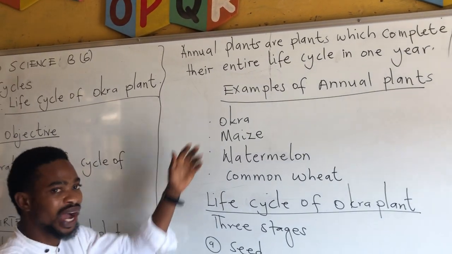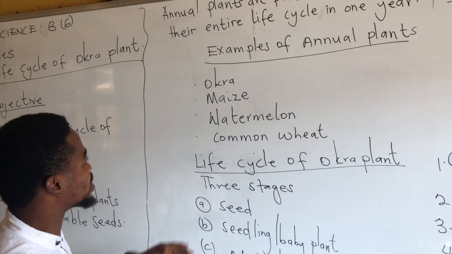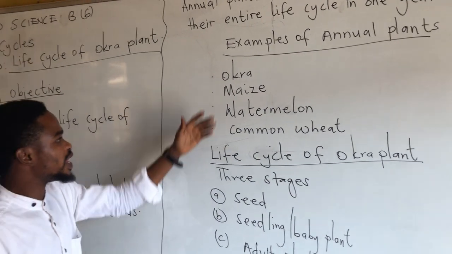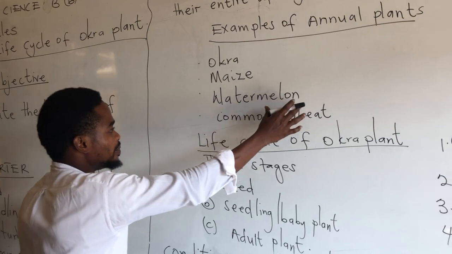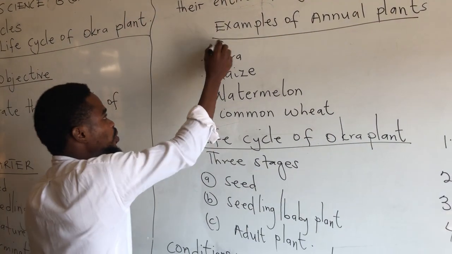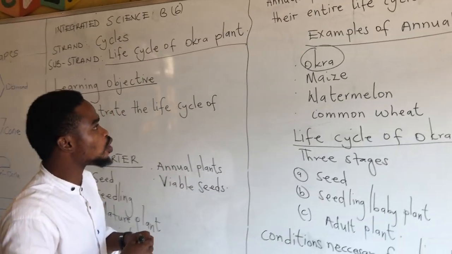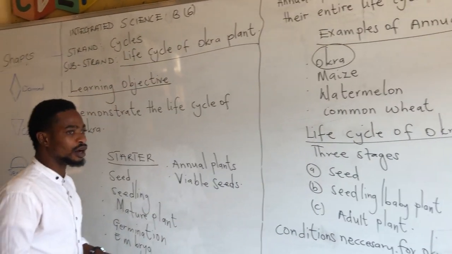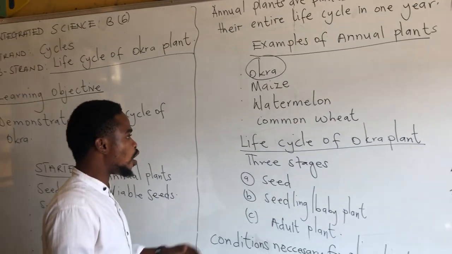And then we want to look at examples of annual plants. The first one is okra, and the next one is maize. And we have watermelon and common wheat. But today we shall consider okra. We shall look at the life cycle of okra.